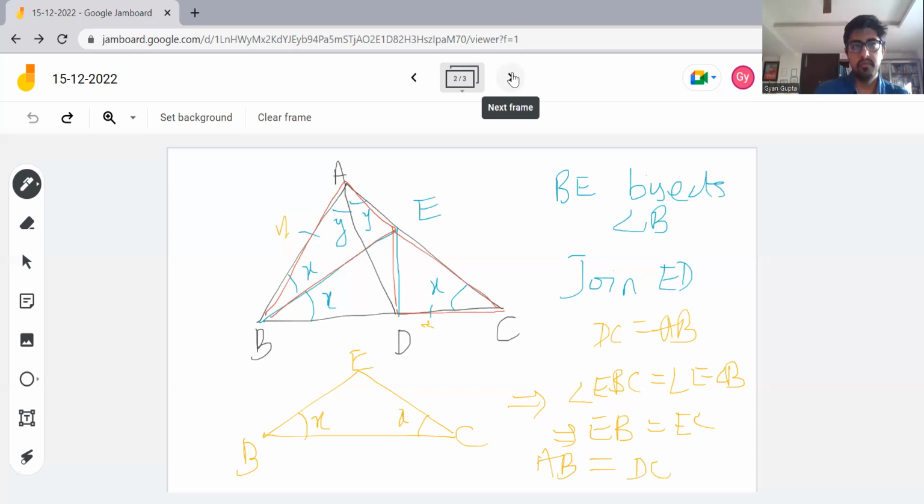We know angle ABE is equal to angle DCE is equal to X. DC is equal to AB, given, and we have also shown EB is equal to EC through construction.